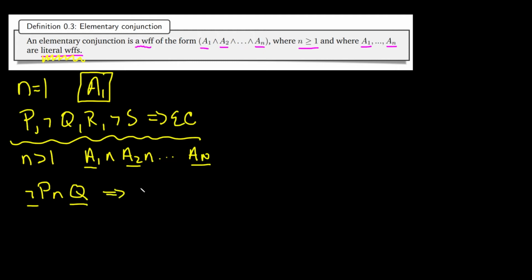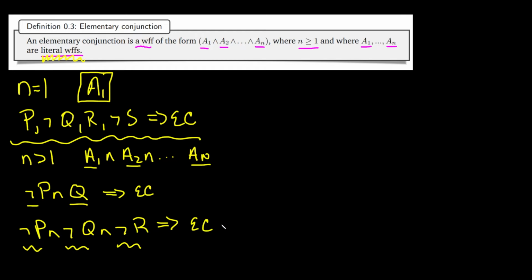And so this would be an elementary conjunction. Also take a look at, let's say, not P and not Q and not R. Notice each one of these conjuncts is a literal well-formed formula. And so this also would be an elementary conjunction.